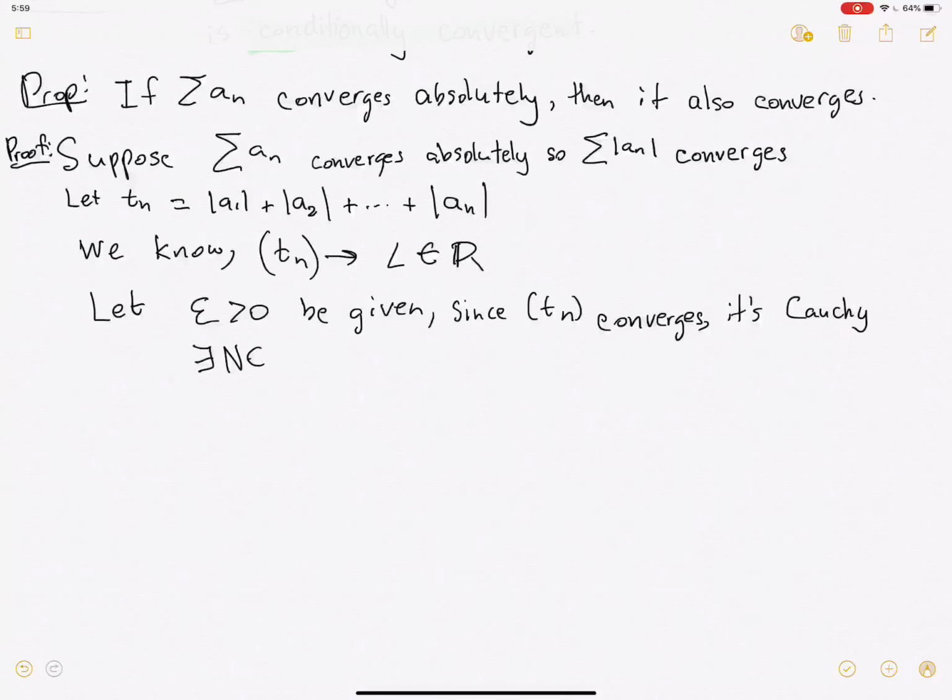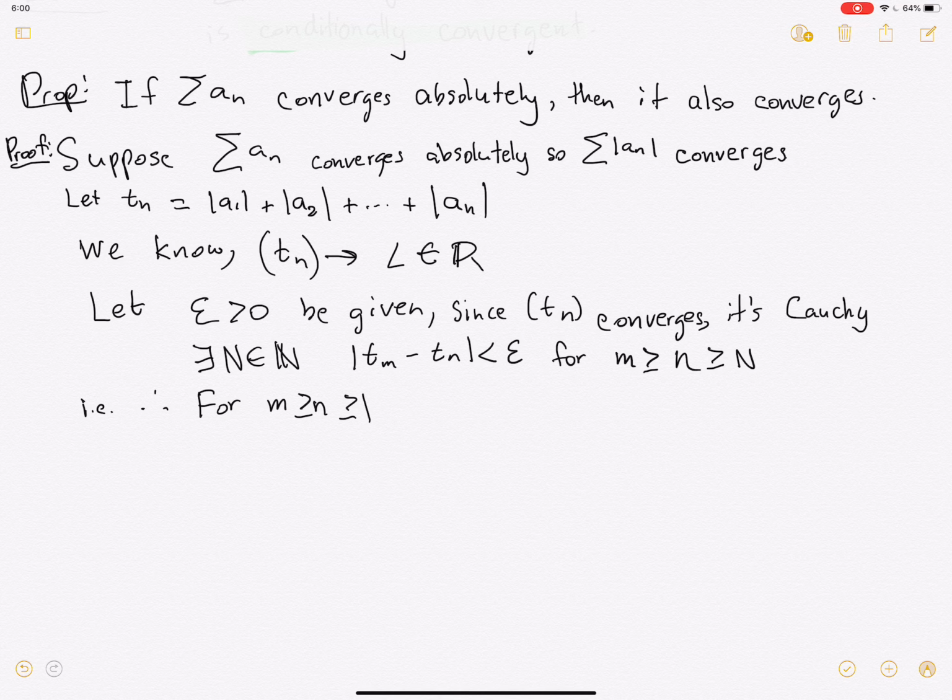So there exists a natural number big N such that |T_m - T_n| is less than epsilon for m greater than or equal to n greater than or equal to big N. That's just the same thing as saying for m greater than or equal to n greater than or equal to big N, |a_m| plus |a_{m-1}| all the way to |a_{n+1}| is less than epsilon.